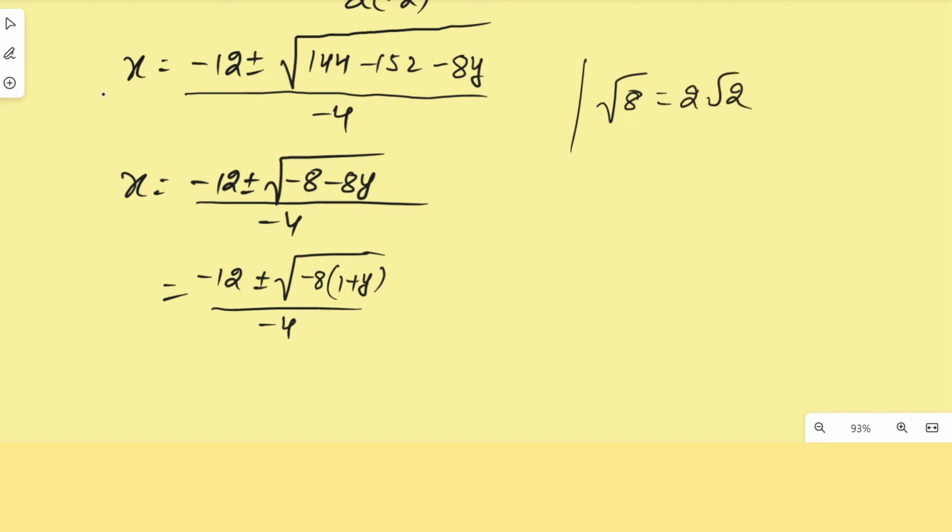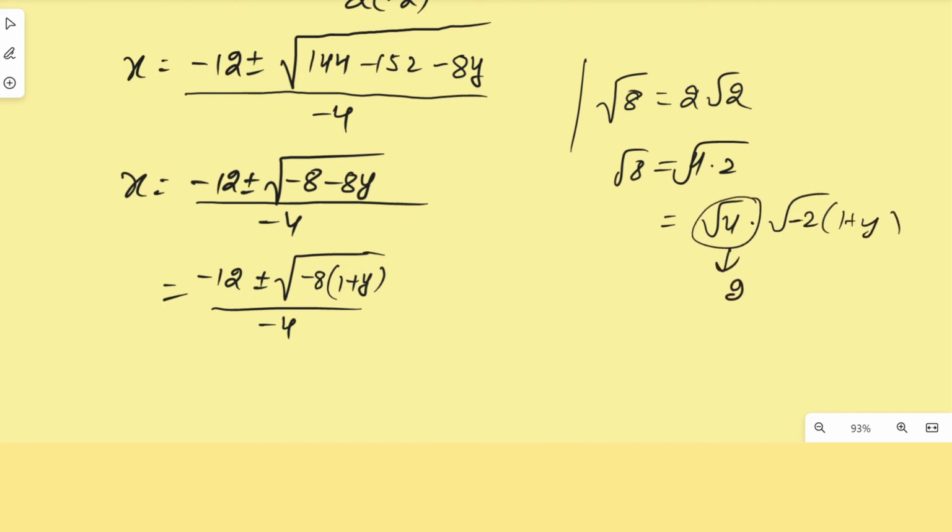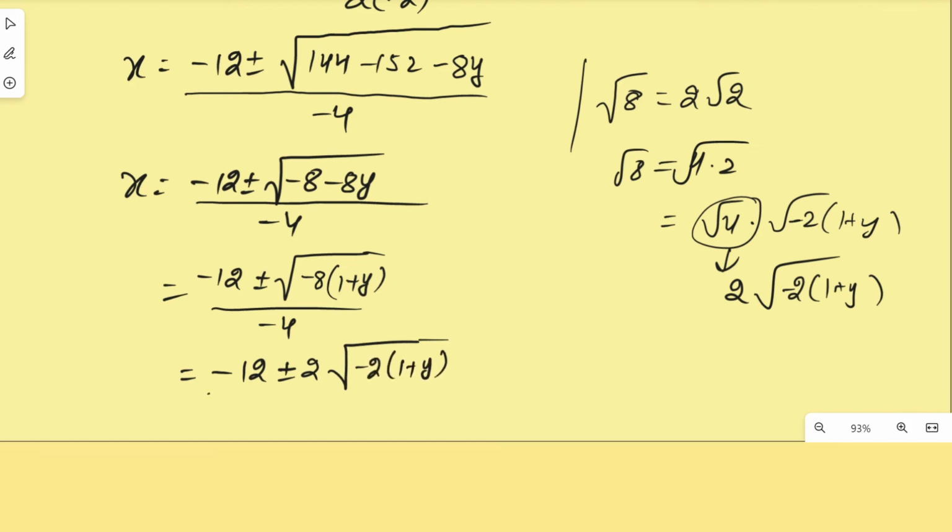So from this 8, because this is now in factored form, we can break this into 4 times 2. The square root of 8 can be broken down into 4 and 2, and then we can write this as the square root of 4 times the square root of 2 times 1 plus y, negative. Then the square root of 4 will give us 2, and the rest will be the same, 1 plus y. So from here we get negative 12 plus minus 2 square root of negative 2 times 1 plus y, and whole divided by negative 4.